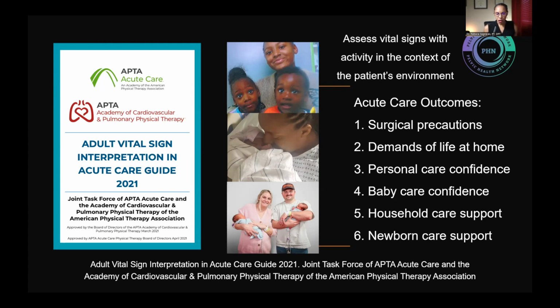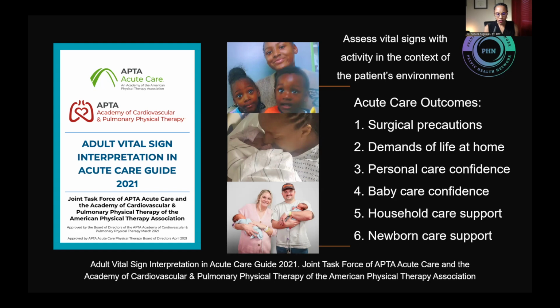So in our general population, the adult vital sign interpretation and acute care guide was really meant for general populations, but had considerations for special populations, maybe those individuals who are admitted to the ICU or those individuals with a spinal cord injury.